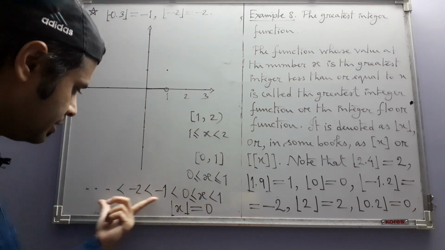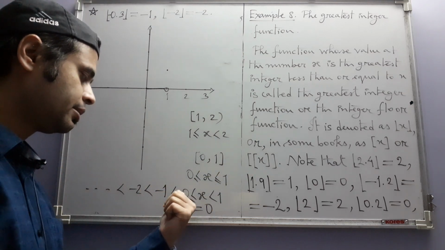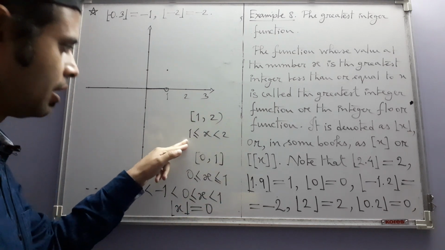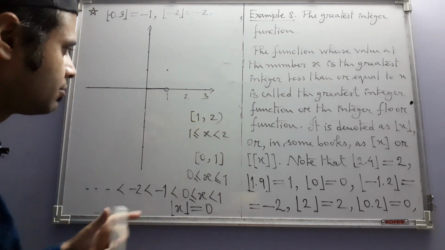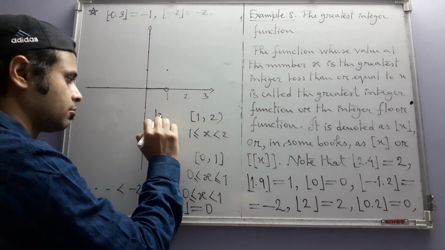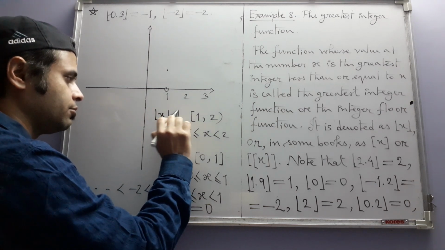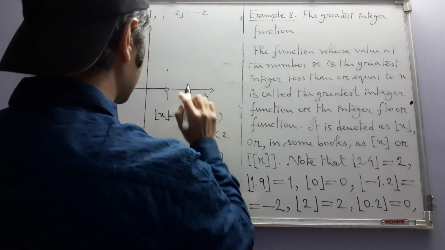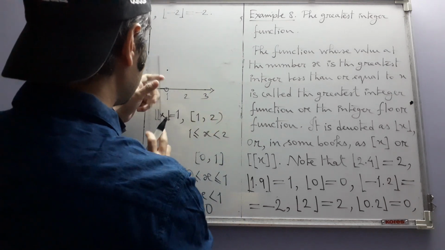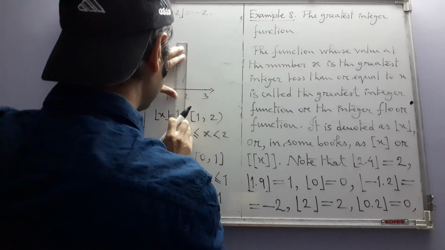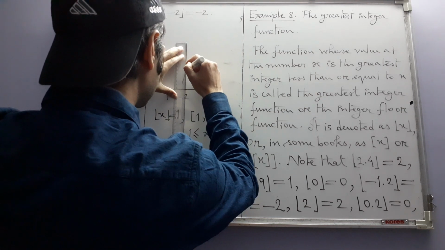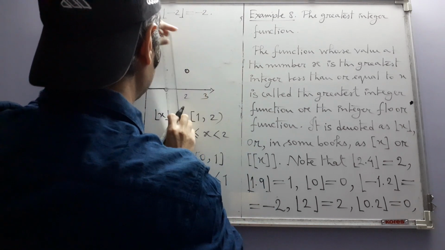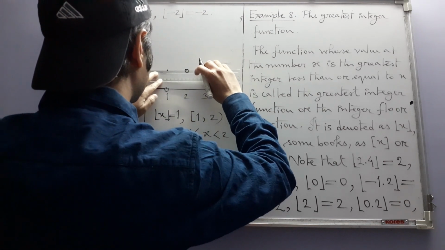That is all the negative integers and 0 and 1. Among them the greatest one is 1. So in this interval the value is constantly 1. So until you reach this point, this is the graph.